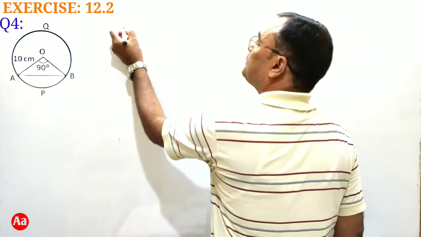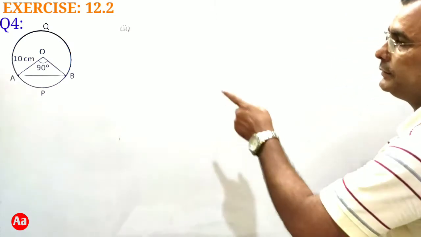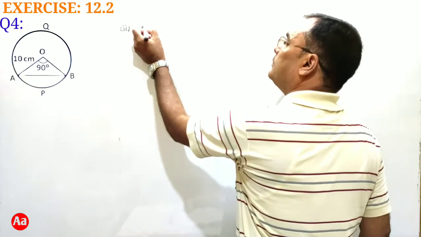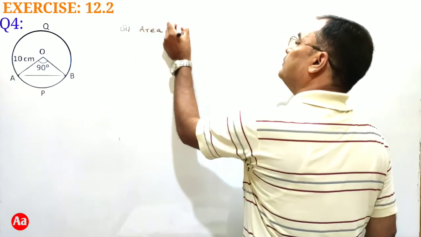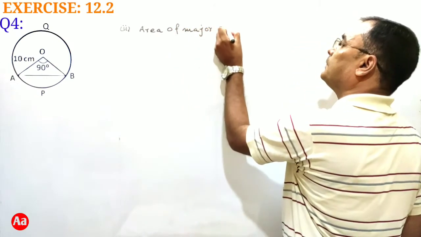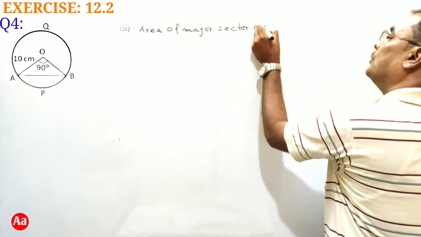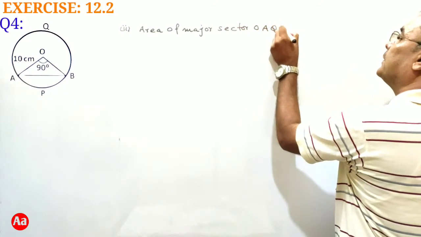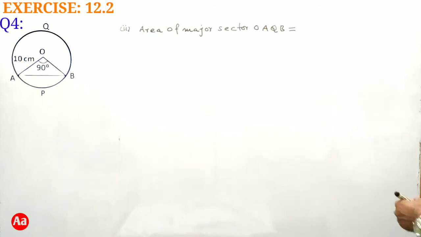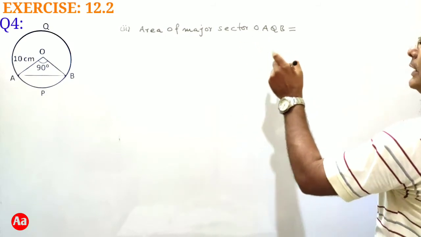Second part, area of major sector OAQB is equal to area of circle minus area of minor sector OAPB.